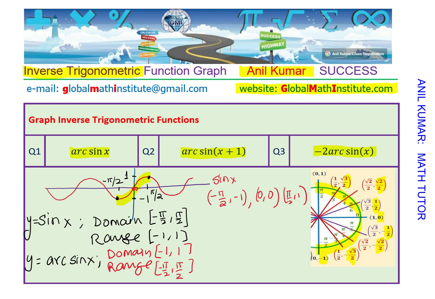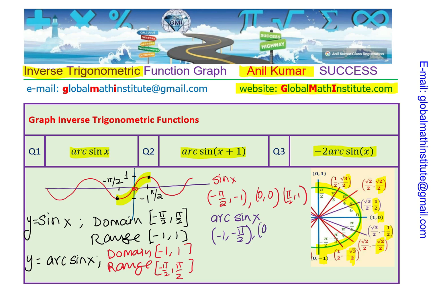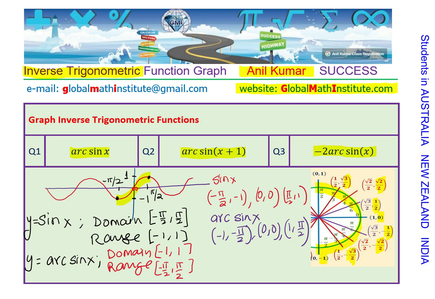Now, arc sine x, or sine inverse x, points: you need to swap them. So it'll be minus 1, minus pi by 2. 0, 0 will be invariant and remains the same, and that will become 1, pi by 2. So these will be our points on arc sine x, or sine inverse x.